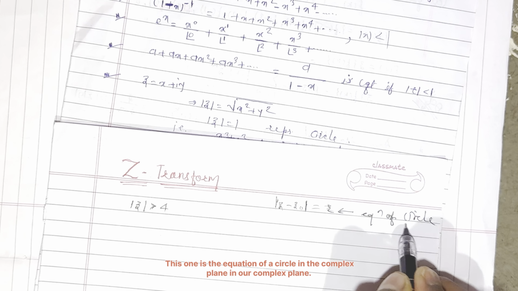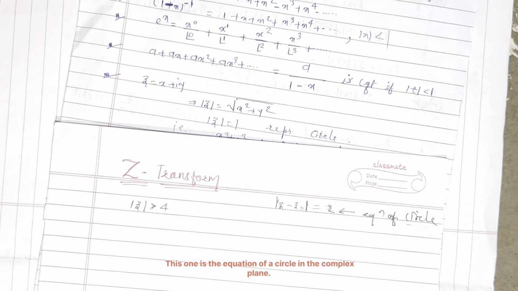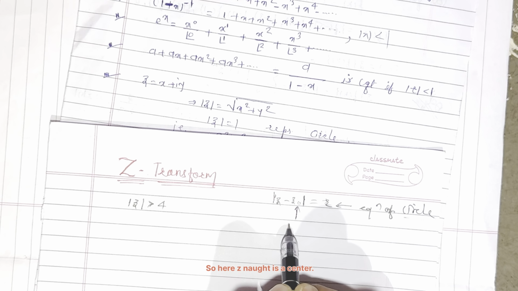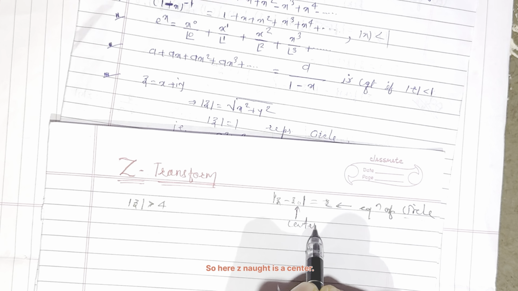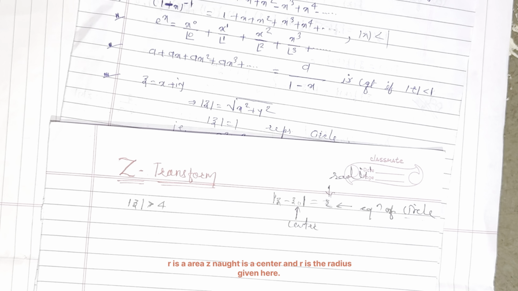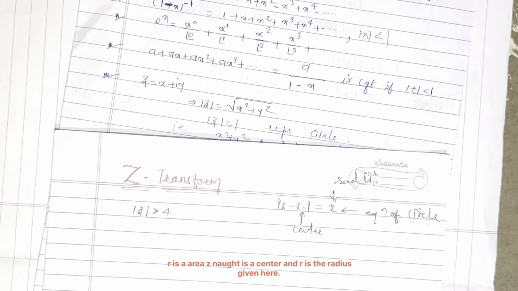Actually we know that the modulus of z minus z naught equal to r is the standard equation of a circle in the complex plane, where z naught is the center and r is the radius.